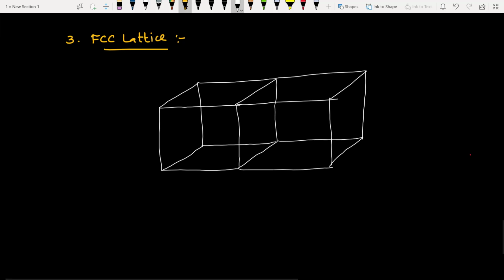Now we place the atoms as it is a FCC arrangement. So 8 atoms at its corners and 6 atoms at the center of each face. Left face, right face, top face, bottom face, front face, back face.